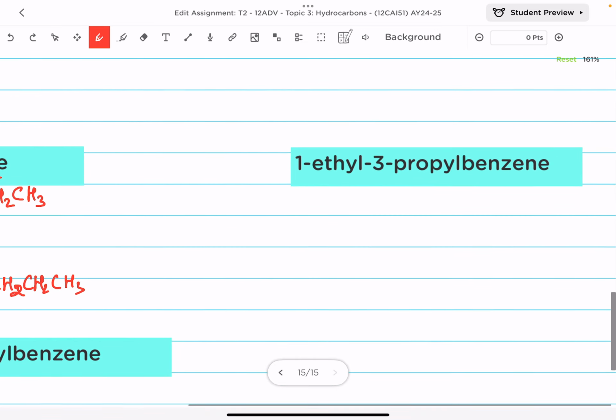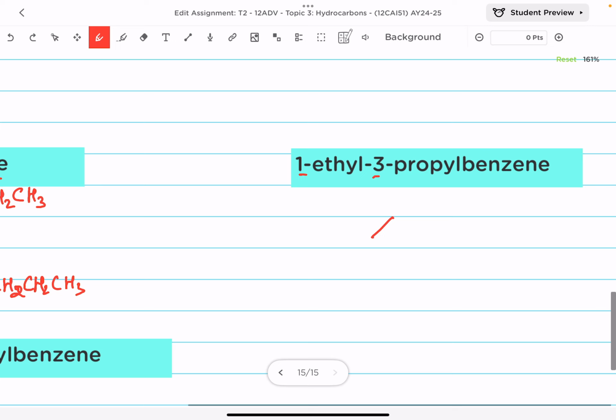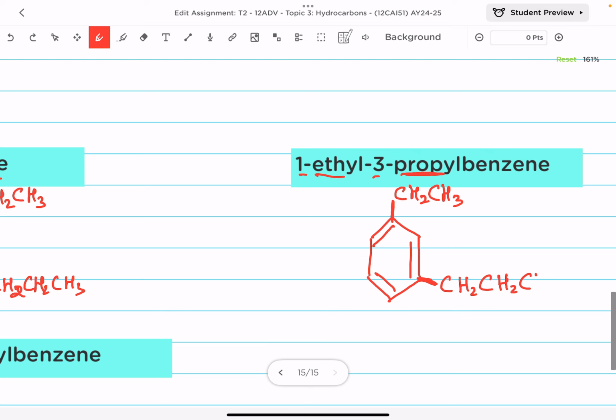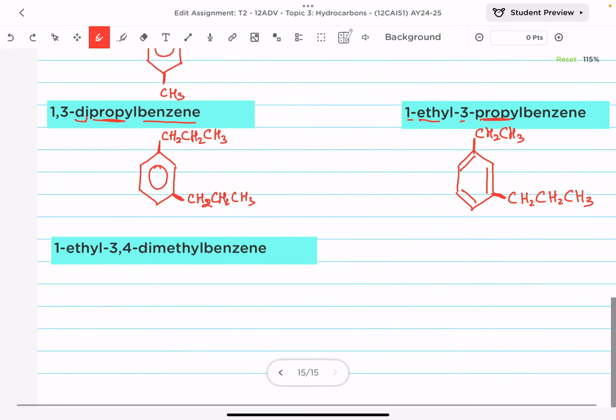That's a propyl. Now on the first and the third, we have branches. On the first and on the third, what do we have? We have an ethyl and we have a propyl, 3 carbons, propyl.